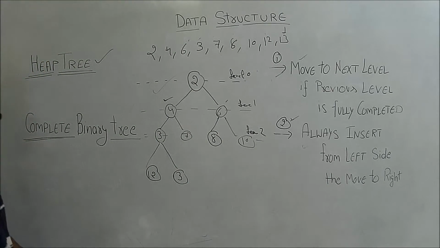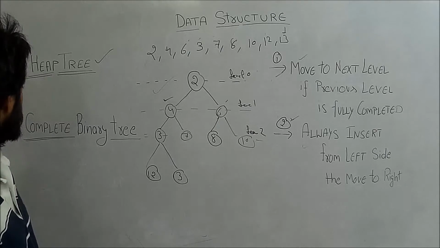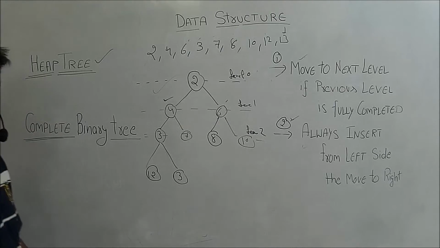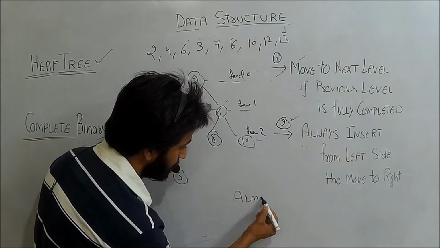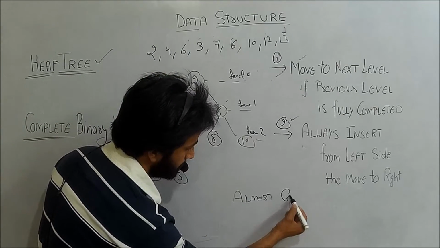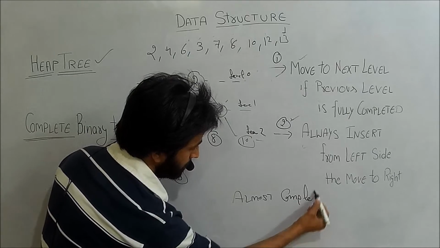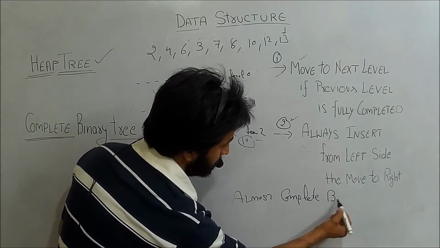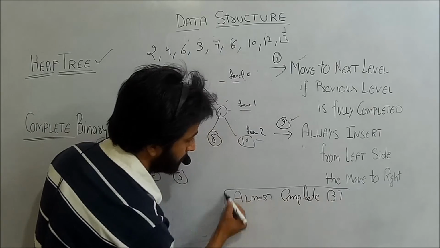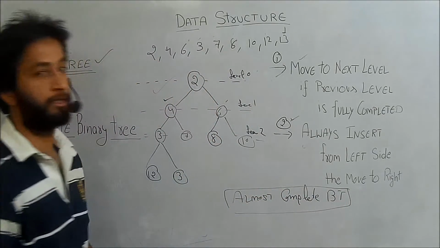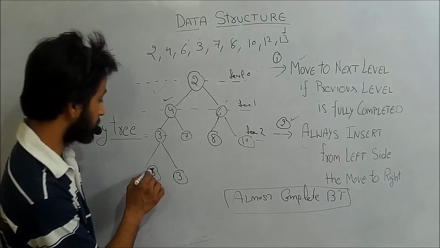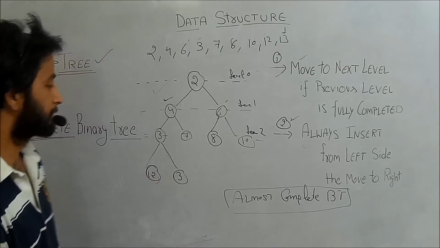Now there is a topic which is almost complete binary tree. Almost complete binary tree is a tree in which all the leaf nodes have two elements.